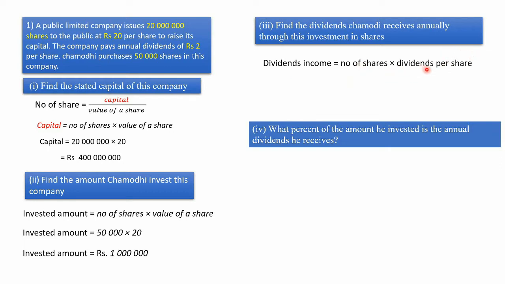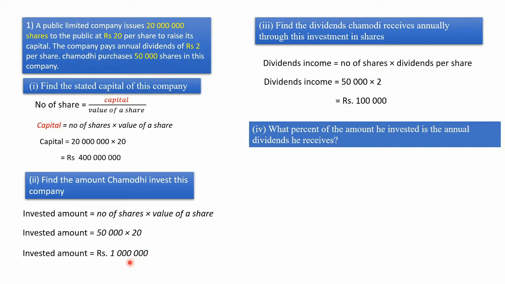Chamodi purchased 50,000 shares, and per share they are paying 2 rupees. The final answer is 1 lakh, that means 100,000 rupees. This is the dividend income of Chamodi.